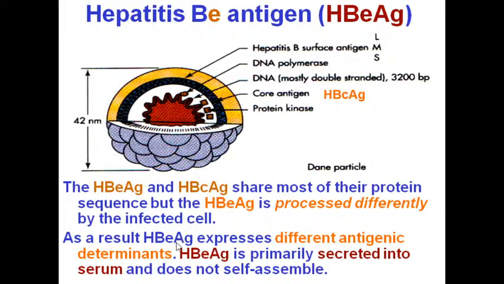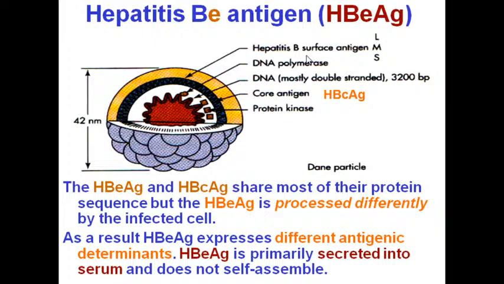Usually hepatitis B E antigen is released, secreted into the serum, and it will not be assembled in the virion. So the difference is, to simplify it, the core antigen stays in the cell to make the new virions, and hepatitis B E antigen is released to outside.